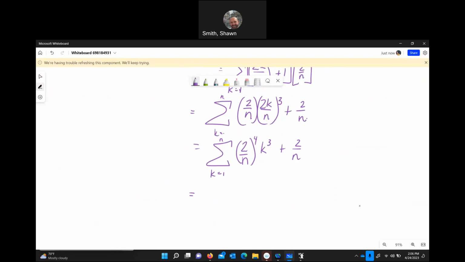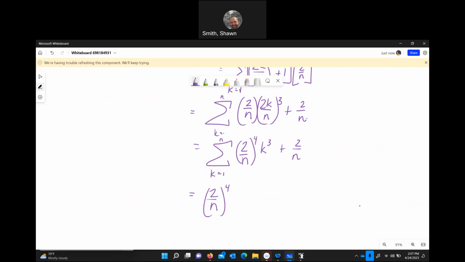N is a very, very big number, right? It's going to infinity. K is fixed, right? K goes from 1, and then the 2, and then the 3, all the way up to n. So 2 over n to the fourth is some constant. We're going to see what that goes to in just a second.